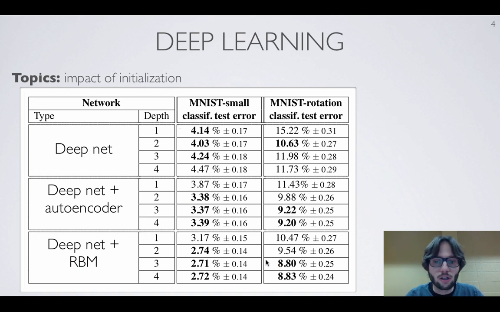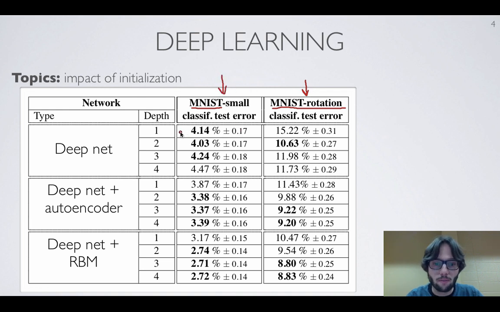And then the third conclusion is that by going from a somewhat simple problem, the original MNIST problem, to a harder problem, classifying rotated digits, the best performance we obtained was with a deeper neural network for the MNIST rotation problem than for the original MNIST problem.